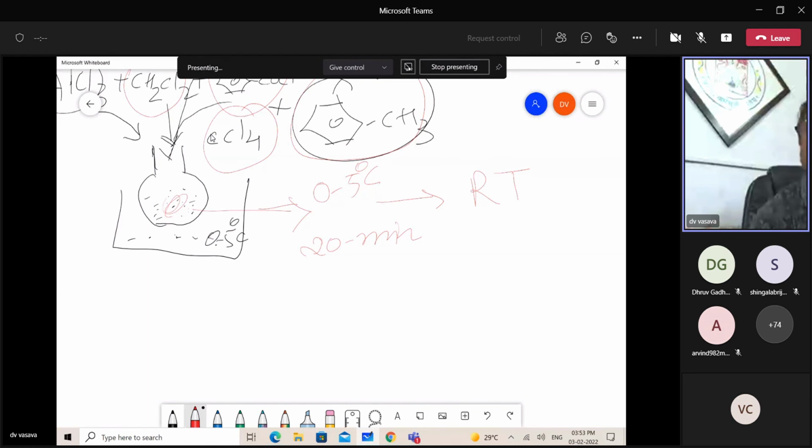Keep this whole reaction mixture that you have taken out from the ice bath at room temperature for 5 to 10 minutes, and finally you can add the HCl. You can add the HCl. So now you can filter it off.